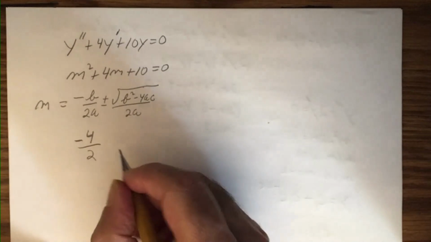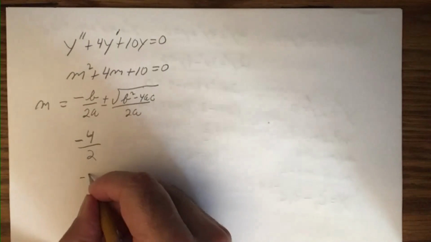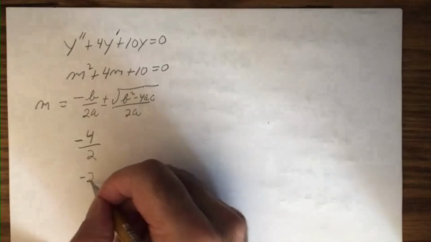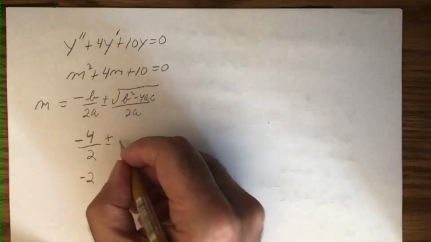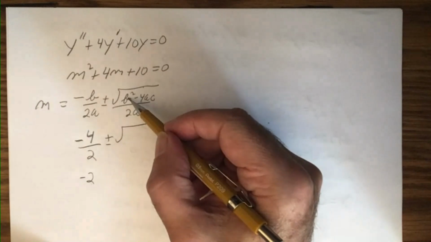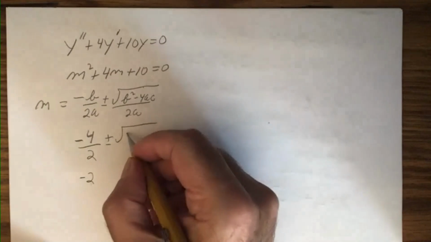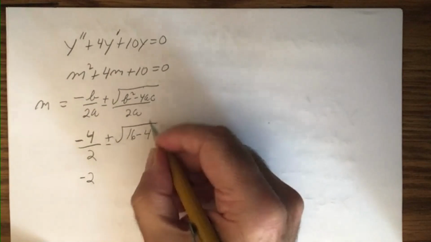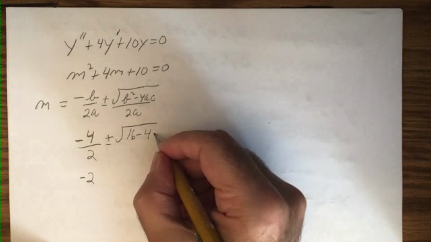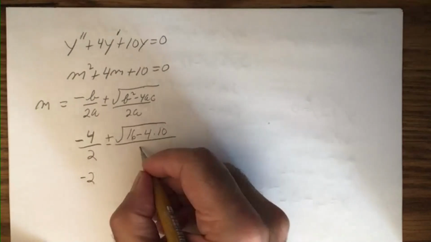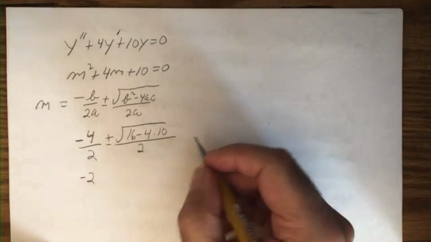So actually my exponentials, you can have a minus 2, and then plus or minus the square root of 16 minus 4 times 10, divided by 2.